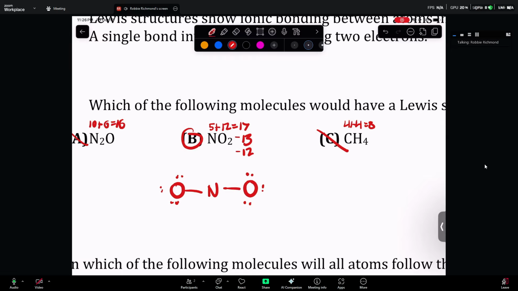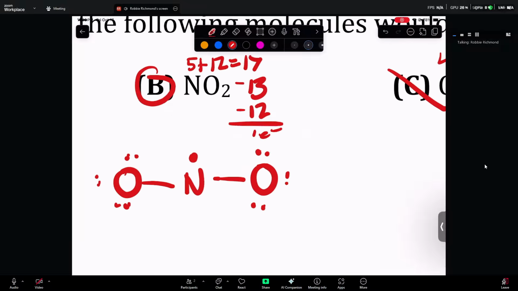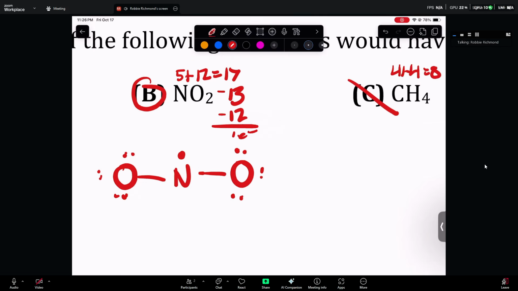So we have one electron left. Look at that. I don't have to completely look at the formal charges or minimize formal charges to see that there is going to be a radical in the nitrogen dioxide molecule.